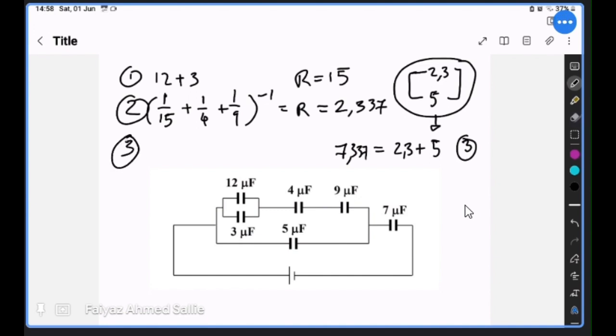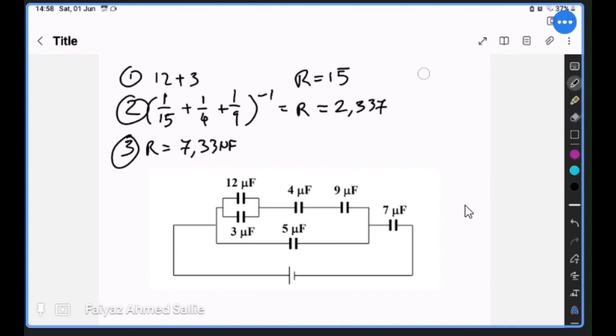So number 3 is equal to 7.33 microfarads. So we have the 15, we have 2.3 and we have 7.34.